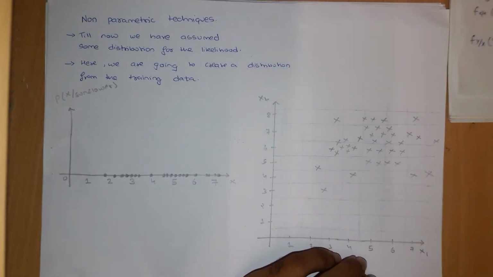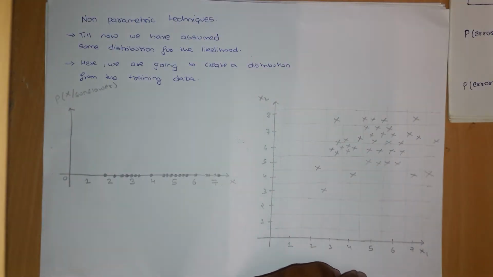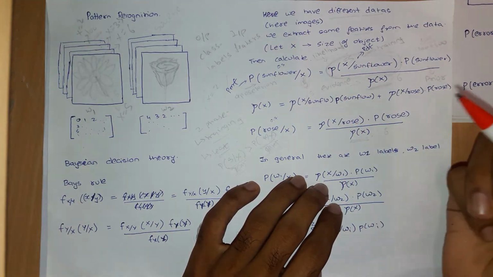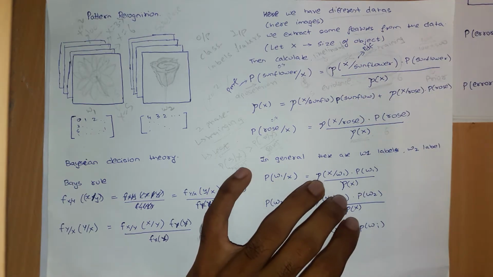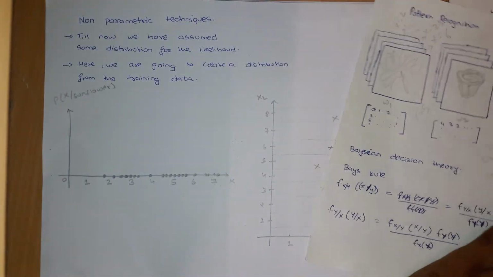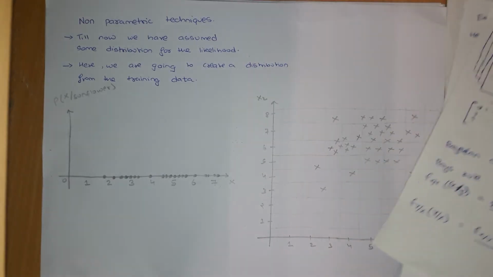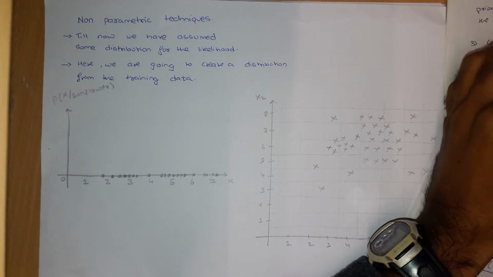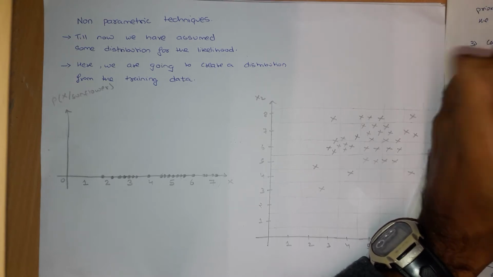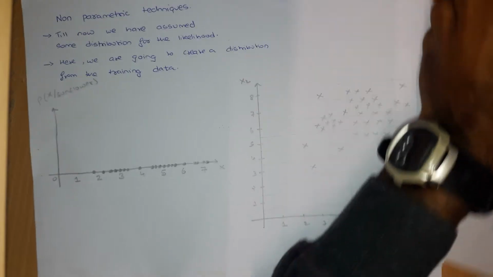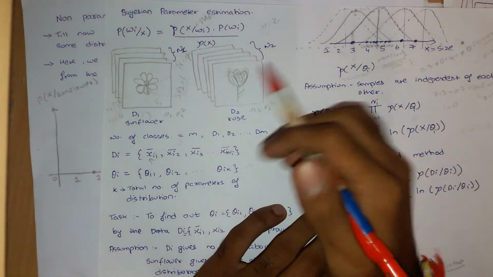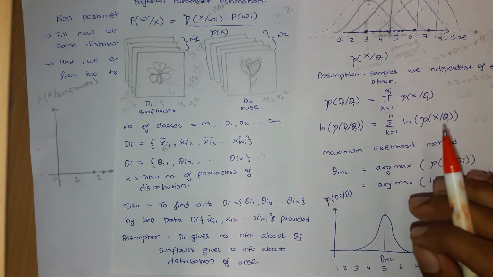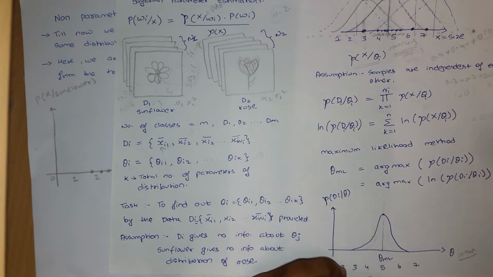So what we did earlier was we used to assume that it is some distribution, say it is Gaussian, then we used to estimate the parameters. So we saw the Bayesian parameter estimation, and we saw that any distribution needs some parameters.